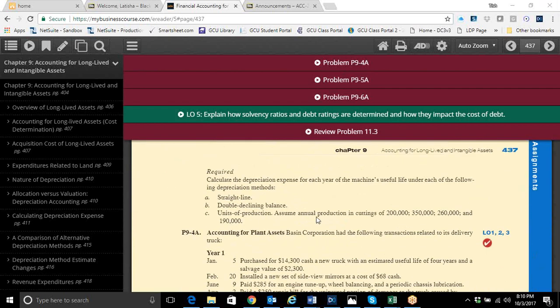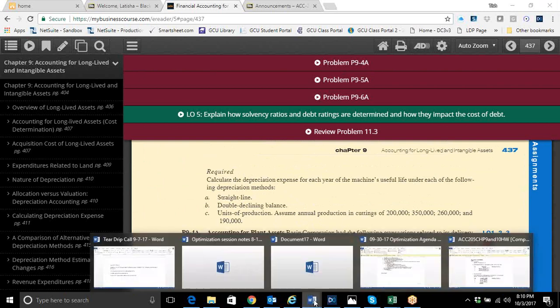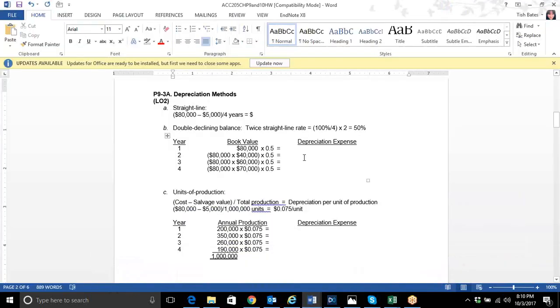So double declining balance, okay? Double declining balance is a little bit different than straight line. You're going to basically do twice the straight line rate by definition. So you take 100% divided by 4 times 2 because you're doubling it, right?